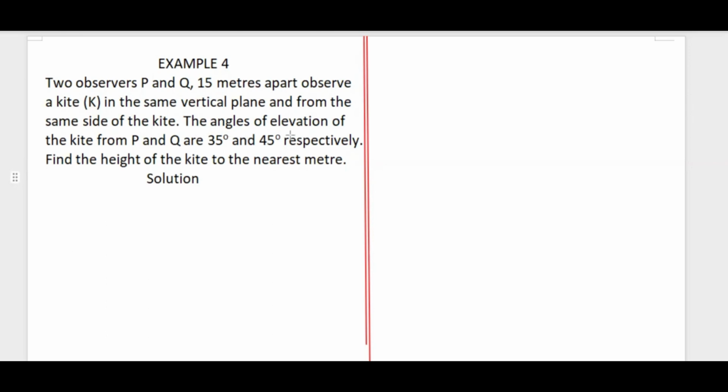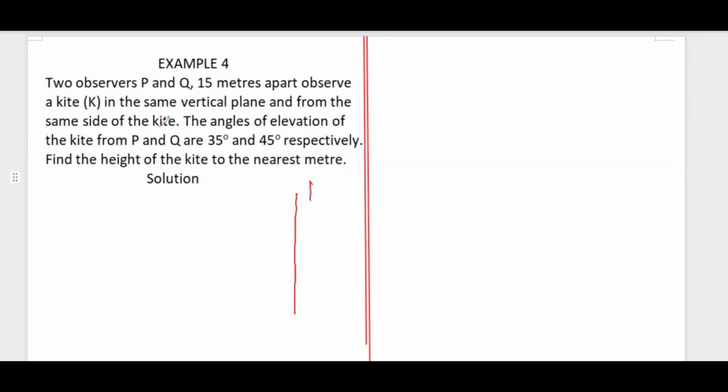The angle of elevation of the kite from P and Q are this. So what we do is that since the two of them observe a kite in the same vertical plane, and from the same side of the kite, let's say this is the top K here.